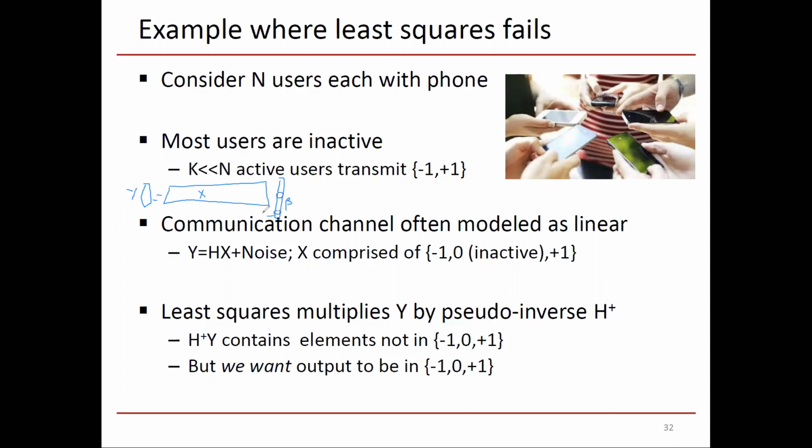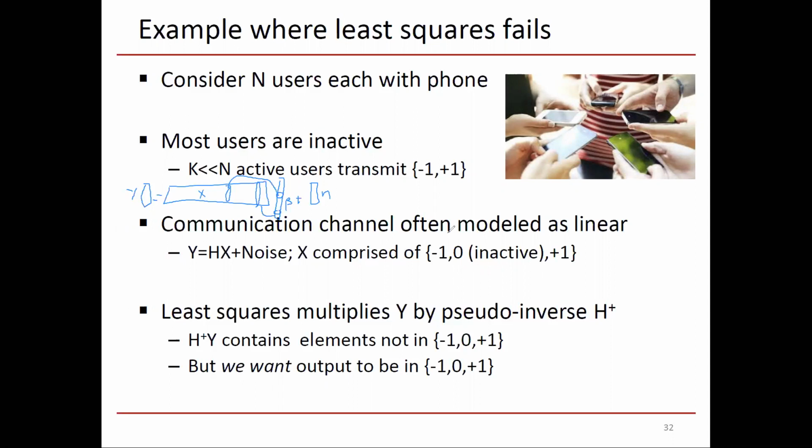This one corresponds to this column, and this one corresponds to this column, plus noise. So the noise is added to a superposition of two columns. These two columns are multiplied by -1 or +1. All the other columns are multiplied by 0, so we can forget about them.